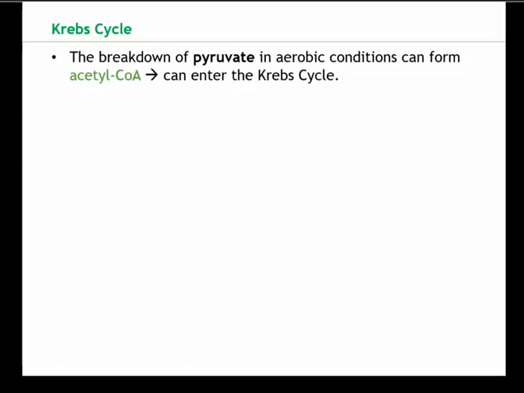So the Krebs cycle is named after Hans Krebs, who identified the steps in this pathway in the 1930s. So we've had almost 100 years of teaching and learning these steps. So let's talk about what's going to happen here. We have to recall that word oxidize because a lot of oxidation is going to occur.